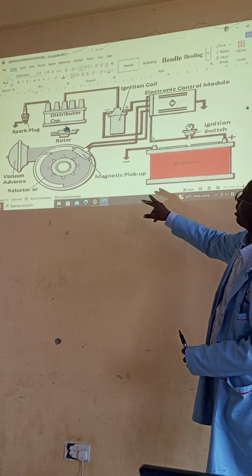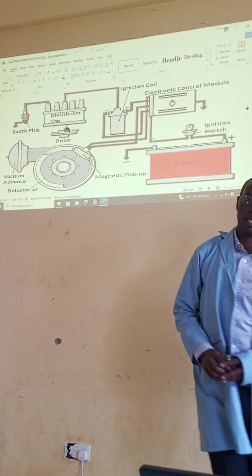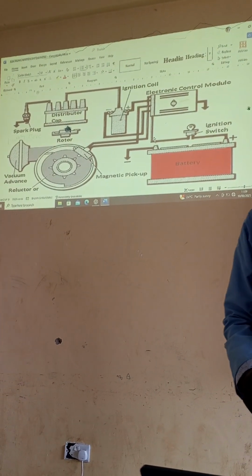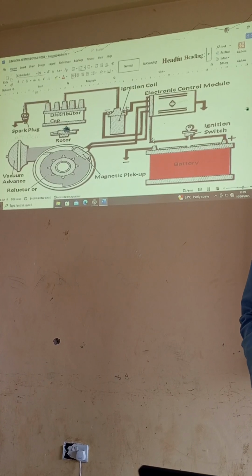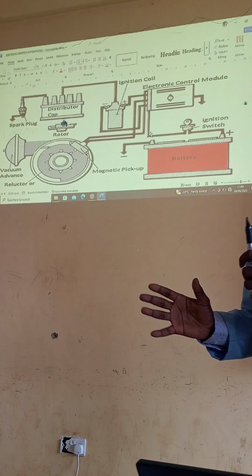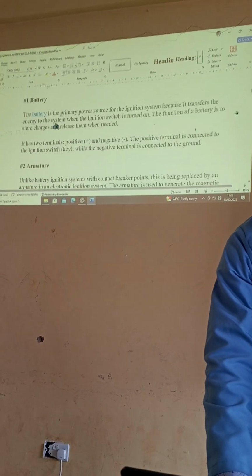We have the magnetic pickup, which is purely electronic, and the ECU communicates under what we call a closed loop system, whereby the information it sends has to come back again, then the information is sent back again for a reaction to take place. So when we move on, you can see the battery described in detail.